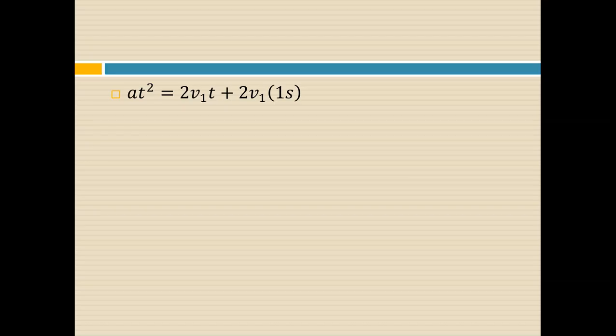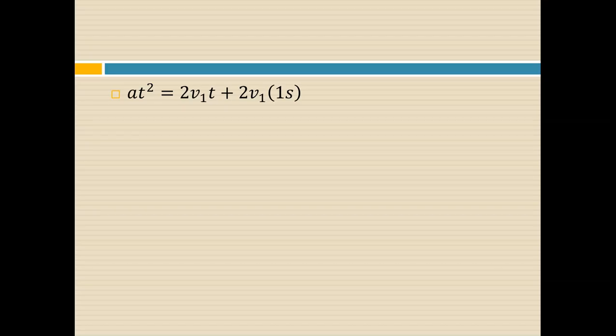Now we're solving for t, right? What do I do next? No. Because if I divide by a, then I'll get t squared is equal to some expressions, but I'll still have t on the right-hand side. What else can I do?